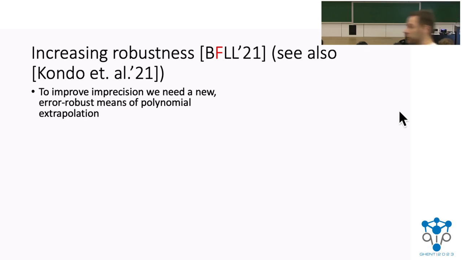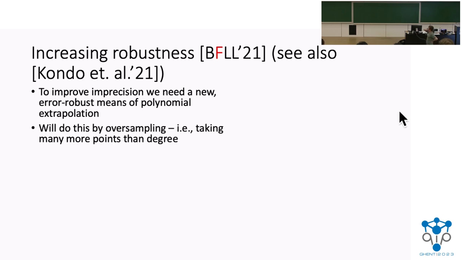So to improve the situation, we're going to do this by oversampling. In other words, in the Lagrange picture, we sort of use as many extrapolation points as the degree, okay? But in fact, what we're going to show is you can do a lot better if you're willing to take far more points than the degree of the polynomial, okay?